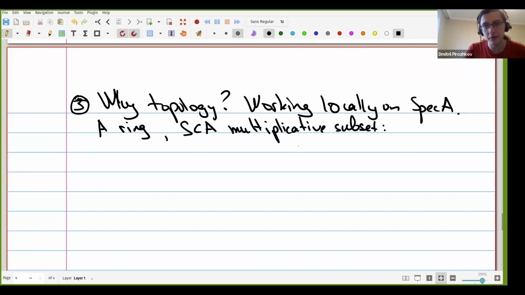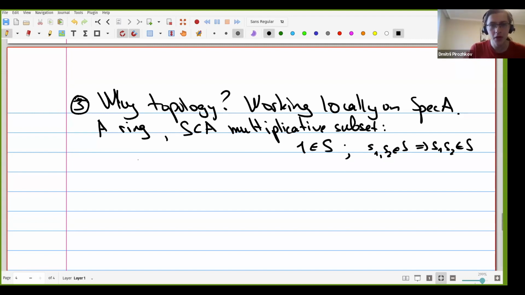For me, this will mean that the unit element lies in S, and if I have s1, s2 in this set, then their product is also an element of this subset.